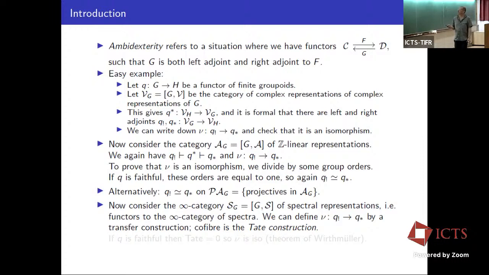There's going to be a bit more to say about how to do nu in this spectral context, and we'll have to begin talking about the construction called the transfer.